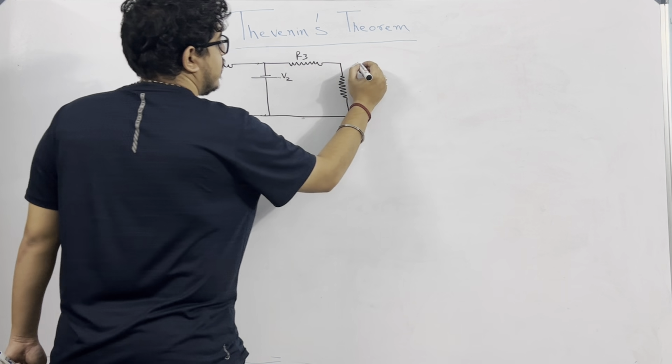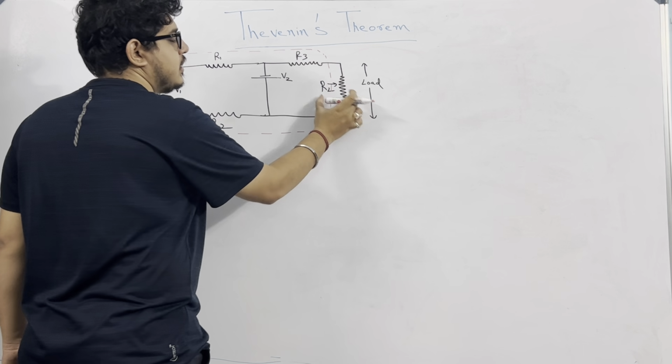So what we want to do is transform the complex circuit around this load. We want to transform this portion of the circuit to a simpler circuit across this load resistance, because my interest at this point is to observe and analyze this resistance.